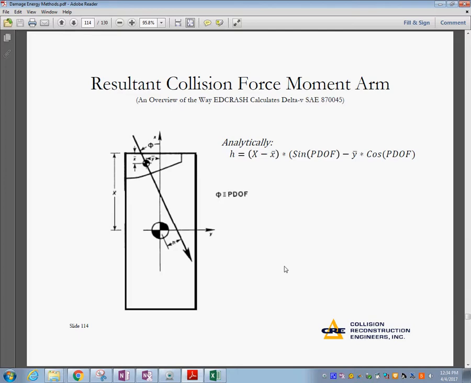And what you see on this diagram is that if the collision occurred here, they inflicted a delta V of this magnitude.